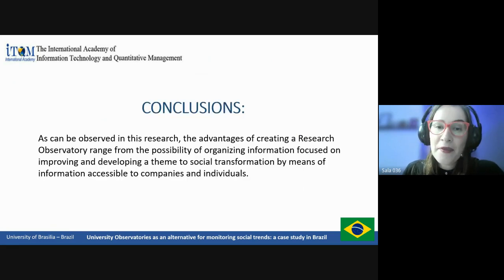And finally, as can be observed in this research, the advantages of creating a research observatory range from the possibility of organizing information focused on improving and developing the theme for social transformation by means of information accessible to companies and individuals.